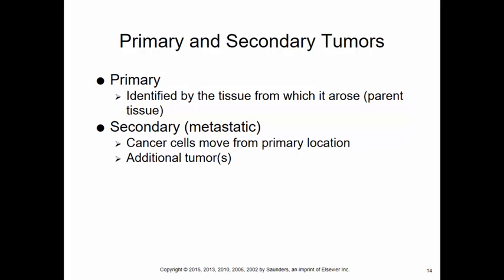So if a tumor grows in the breast, it's not going to cause death. It's the metastasis of that tumor that is deadly. So if we have a tumor, for example, in the heart, which is unlikely, but a heart or brain or kidney or one of the vital organs, that is when we start seeing more problems with a primary tumor because it's going to affect the tissue or the organ's vital function.